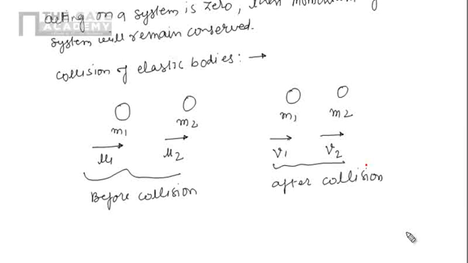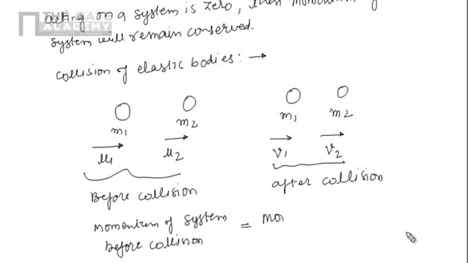According to the law of conservation of linear momentum, the momentum of the system will remain conserved. It means the momentum of the system before collision will be equal to the momentum of the system after collision, because it is conserved.